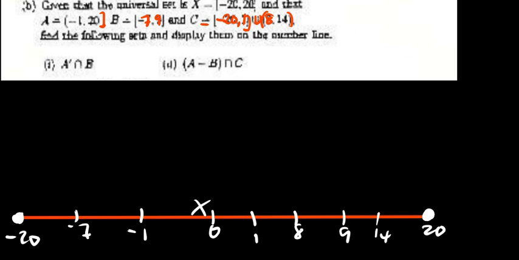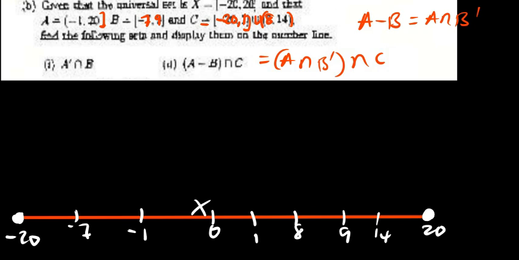Now, the question is, we know that A minus B is basically the same as A intersection B complement. So this is the same as A intersection B complement, and I put them in brackets, intersection C. Simple.